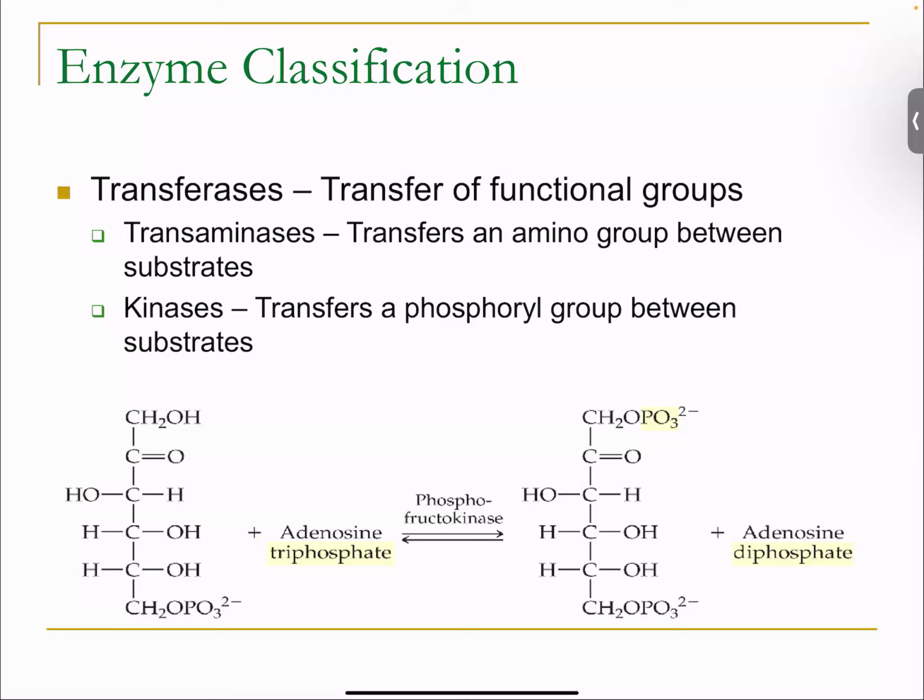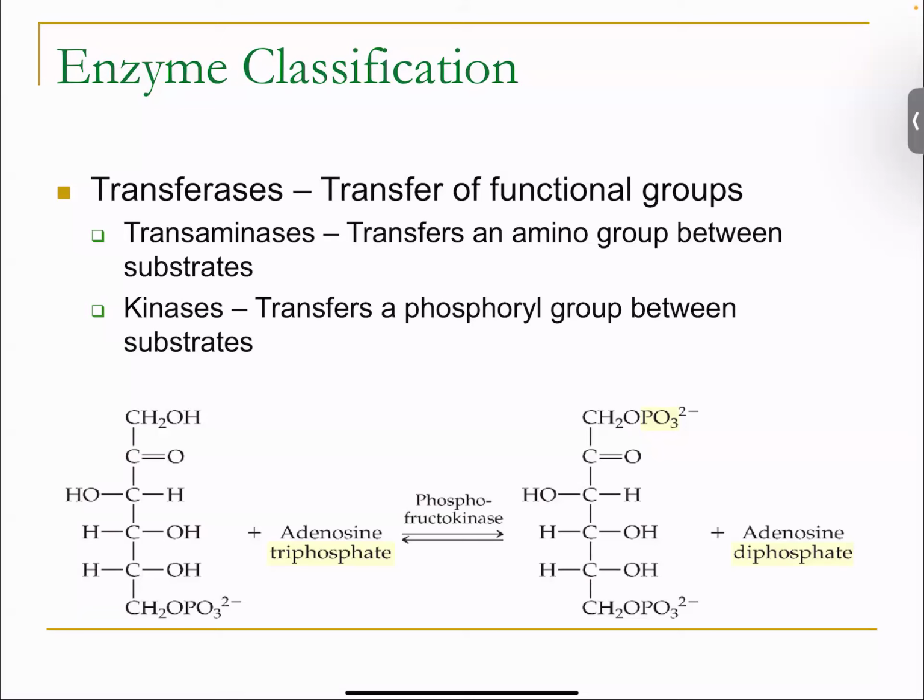The first subclass is a transaminase. Amine, amino. It's telling you what it transfers. It'll transfer an amino group. Now, one that is not as specific, because it doesn't tell you what it does immediately in the name, is a kinase.